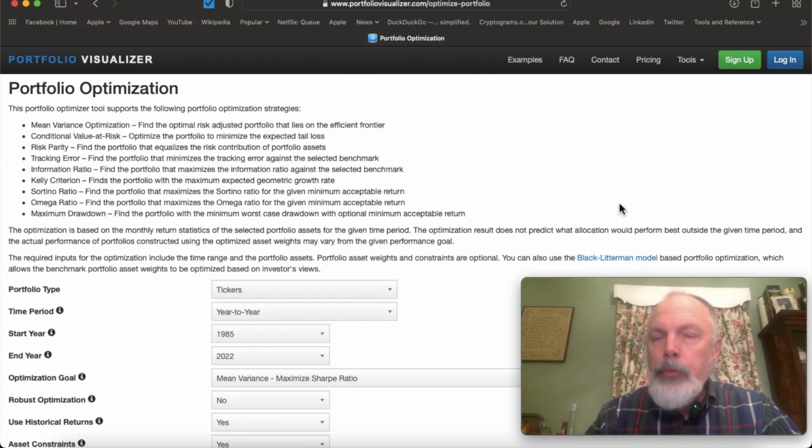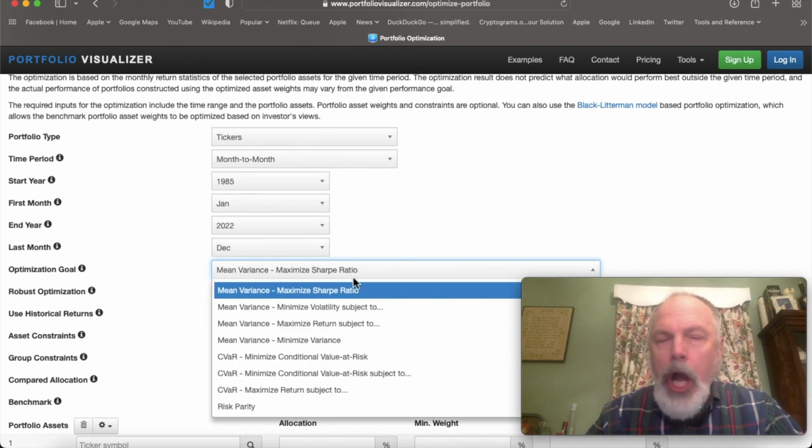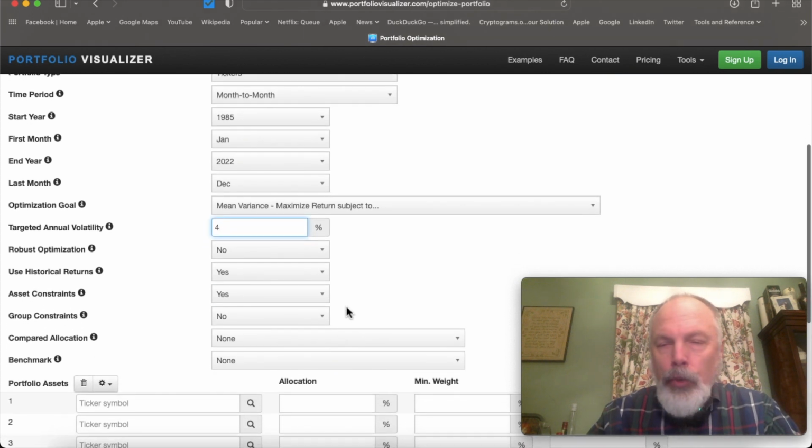So the other thing I'm going to show you is the portfolio optimization. And again, I'm going to show you the optimization of all of bucket 2. So again, I'm going to do month to month. Now here, I'm going to go for a maximized return subject to that 4% annual volatility.